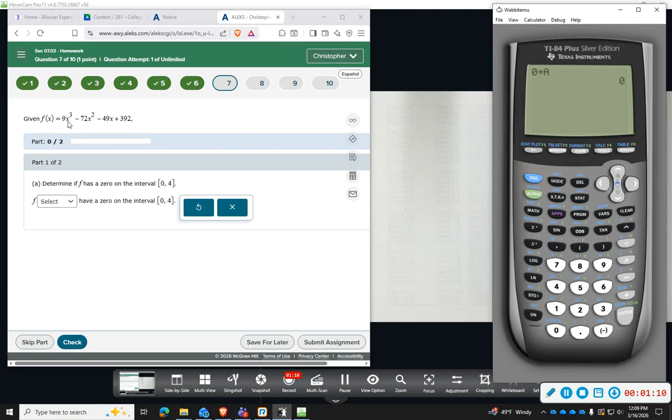All right, I'm going to type in this function: 9, and then alpha A. This is going to be my X. I'm going to raise it to the 3rd, and then minus 72. I'm only doing this because the number's a little bit bigger, so it may take more time. But each time you're going to put in the A, or the X, you're going to put alpha A. And then minus 49.